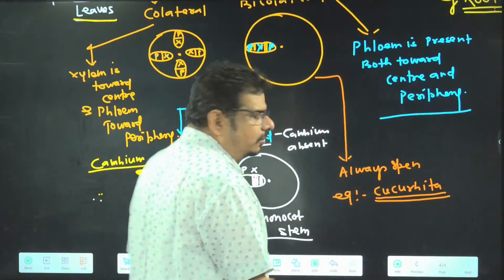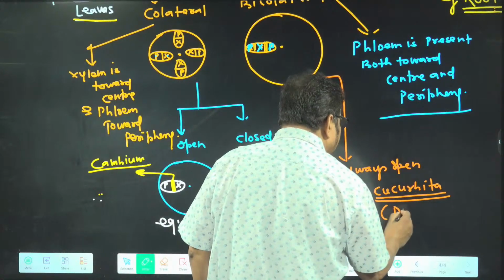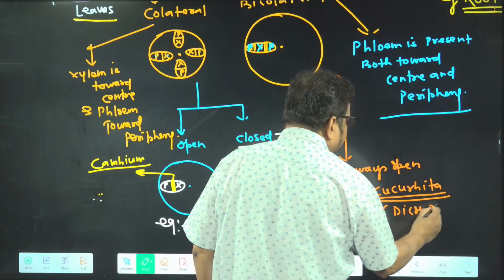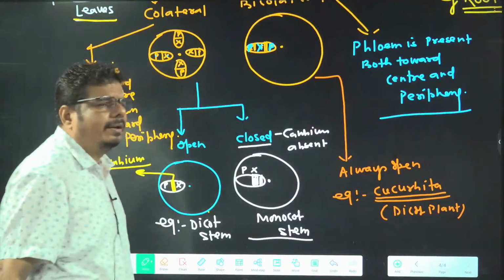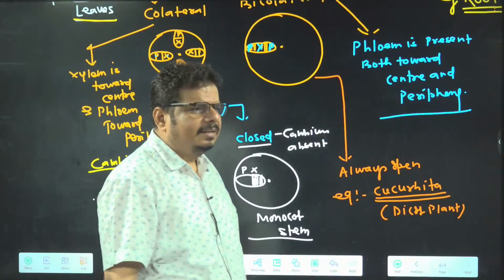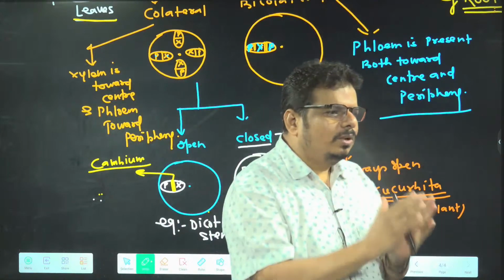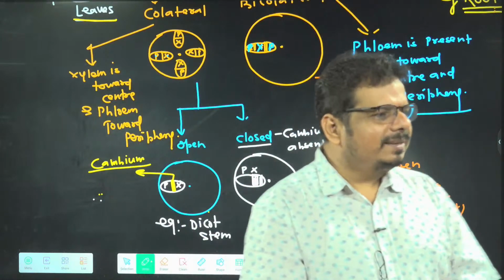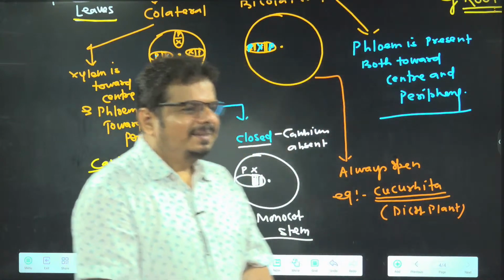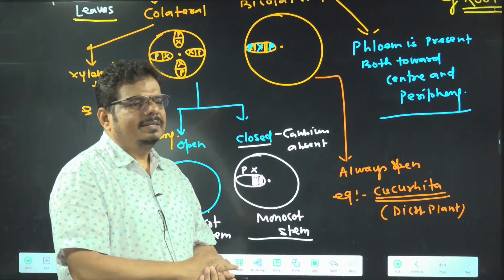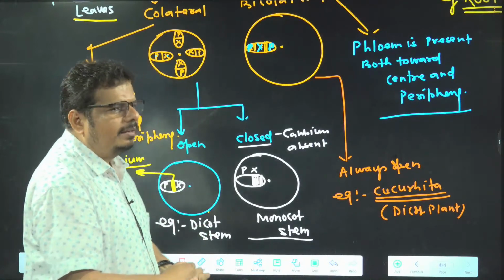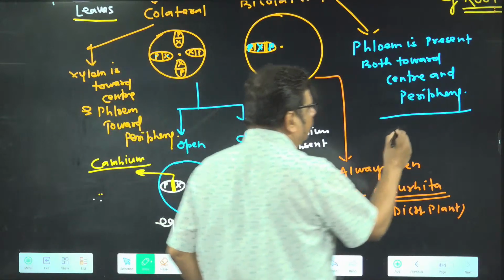Cucumber is which kind of plant? Dicot plant. Right? So it doesn't mean bicollateral is present in all dicots. In dicot, we can say both collateral and bicollateral are possible, because Cucurbita is also which one? Dicot plant.